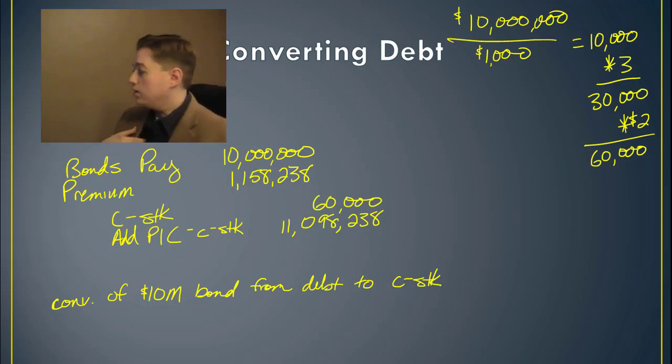Now, the last thing we want to talk about with converting debt: sometimes companies will give an incentive to try to get people to convert, right? We need this debt to convert because we're right on the border of our debt covenants, or we're out of cash to make the interest payments. Let's do something to get them to convert. And so what they'll do is they'll offer an incentive.